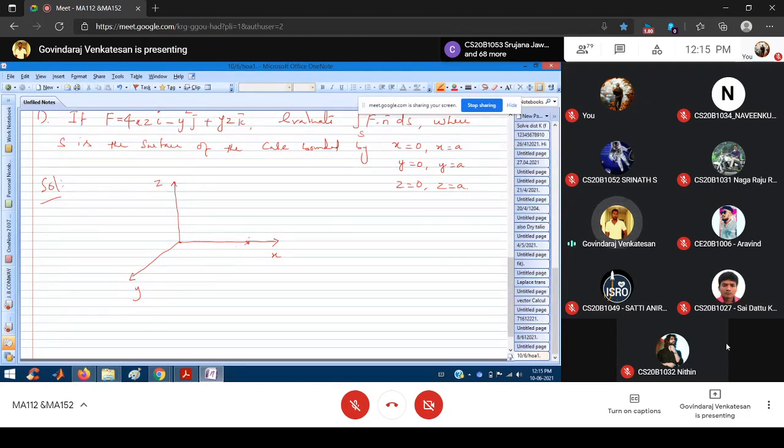This is the point x equal to a, this is the point z equal to a, and this is the point y equal to a. We draw the cube by connecting these points.